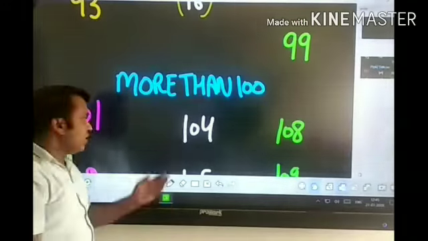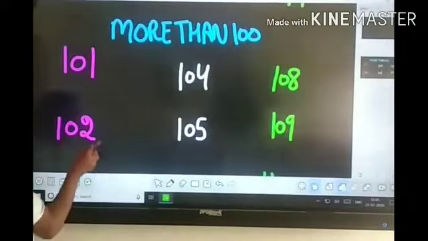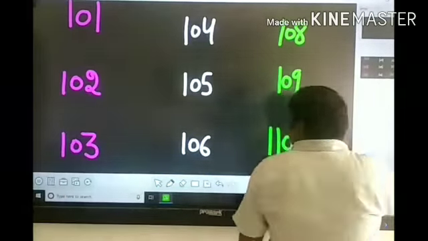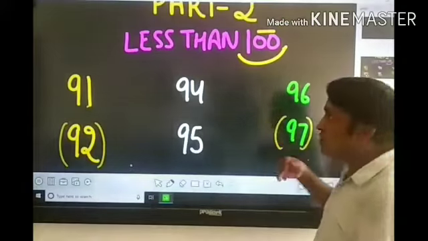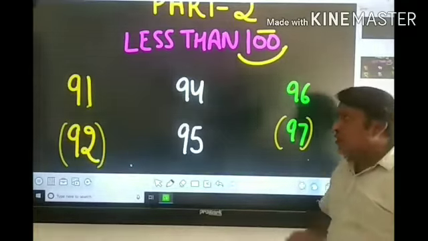After that, the second type will be more than 100, where you will see 101, 104, 108 and similar numbers in the sequence. So, firstly, we will go on to the first part, that is, less than 100.